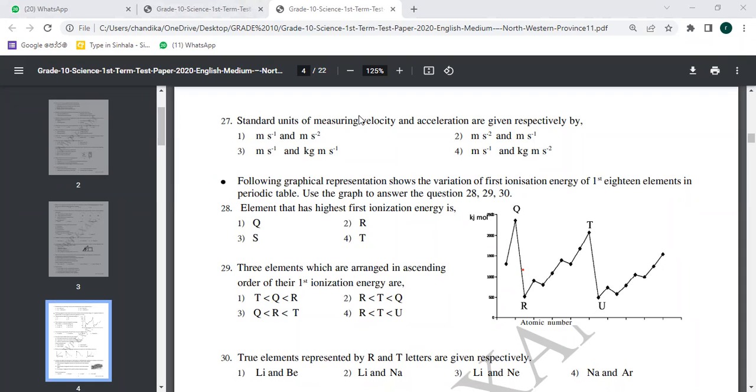First one. First one correct, okay? It's a simple question. Velocity is meters per second. Acceleration is meters per square second.